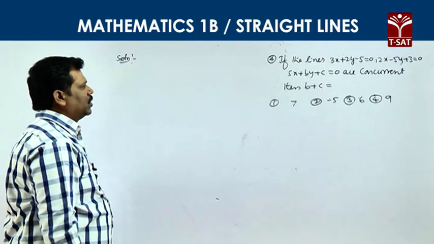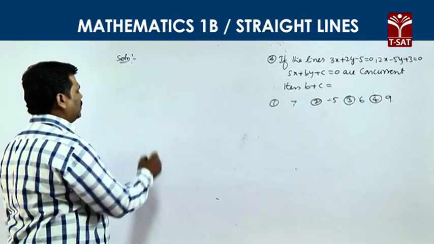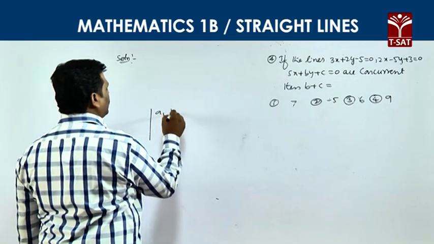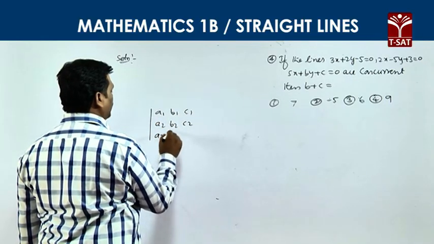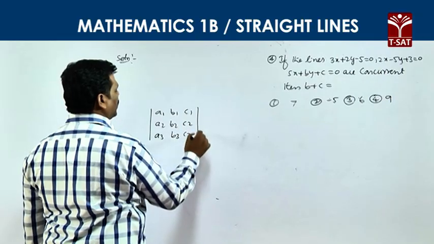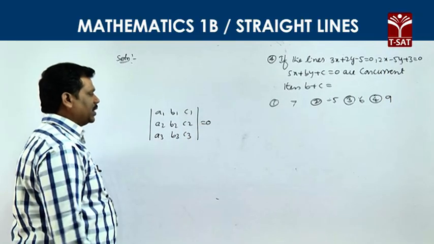Given the lines are concurrent, so the determinant of A1, B1, C1; A2, B2, C2; and A3, B3, C3 equals 0. This is the condition for concurrent lines.